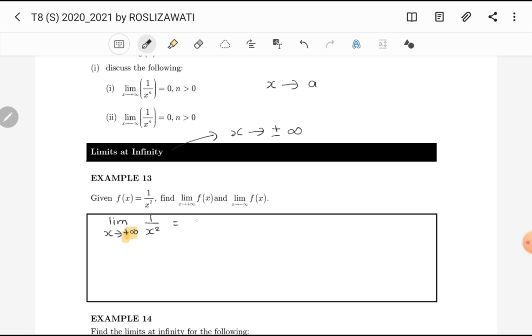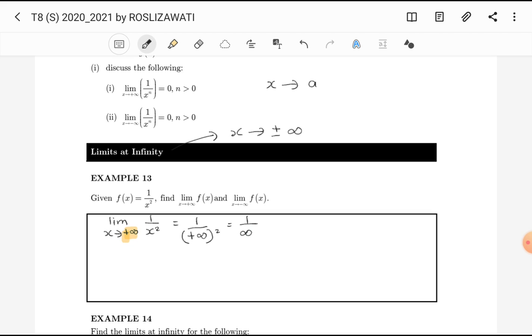And for this case, we have 1 over positive infinity squared, and 1 over positive infinity squared is equal to infinity.